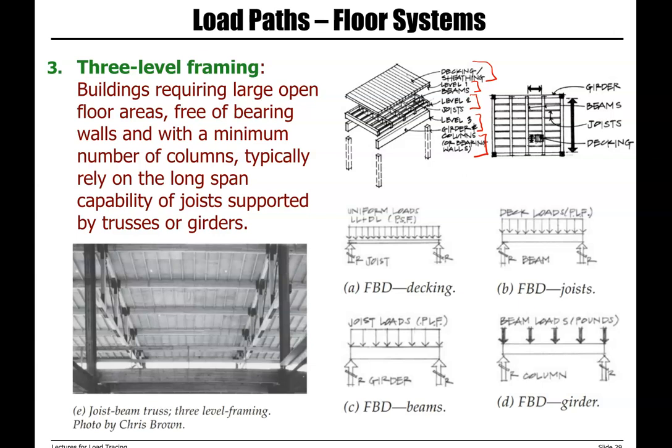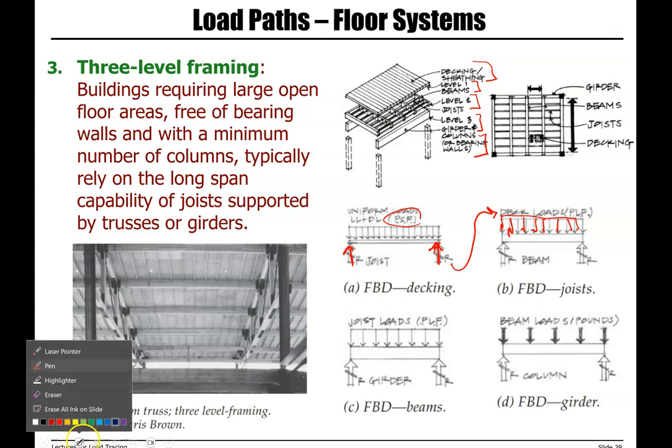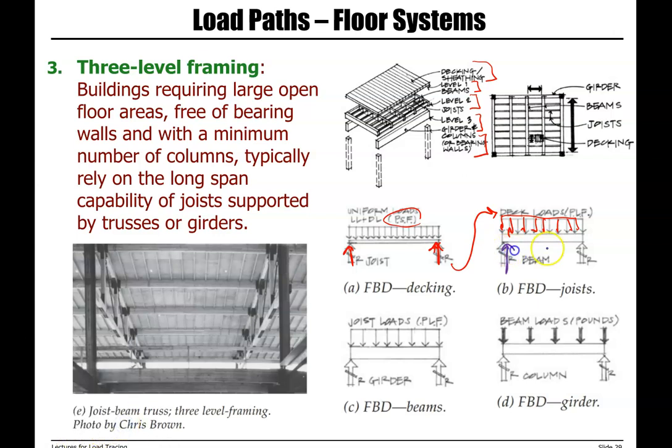We start with a free body diagram of decking with an areal load. Reactions are transferred to the joists, so we have areal load transferred to joists. This is PLF. Then we calculate reactions.